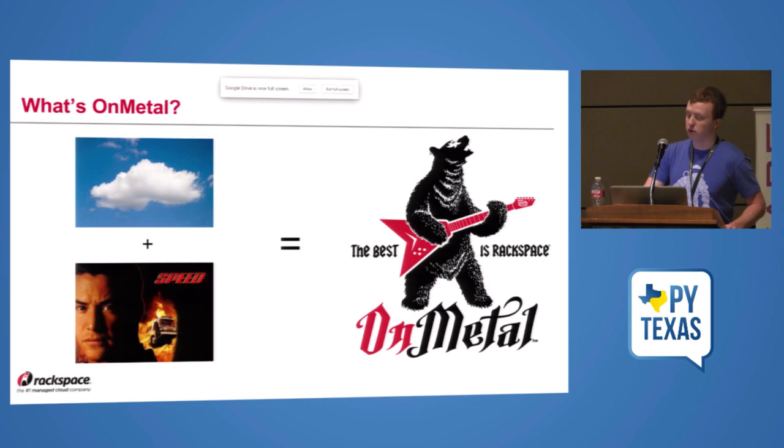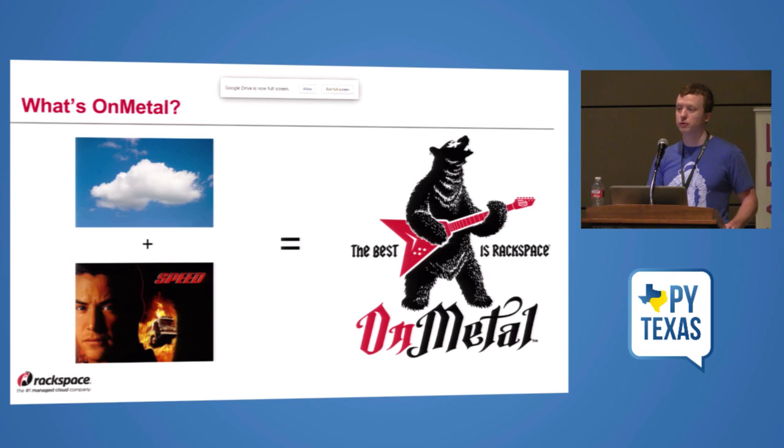So what's on-metal? Well, on-metal is basically the cloud plus a lot of extra speed. Typically when you request an instance from the cloud, you're getting a virtual machine. But with on-metal, you're actually getting a full-blown bare metal machine, which means you have full access to the machine.